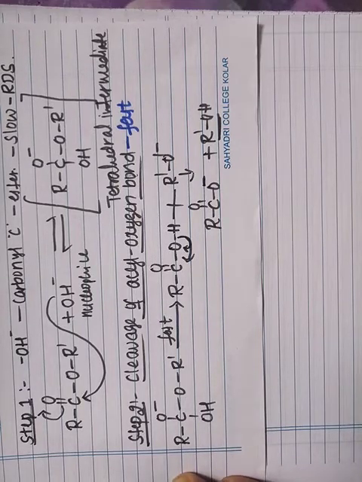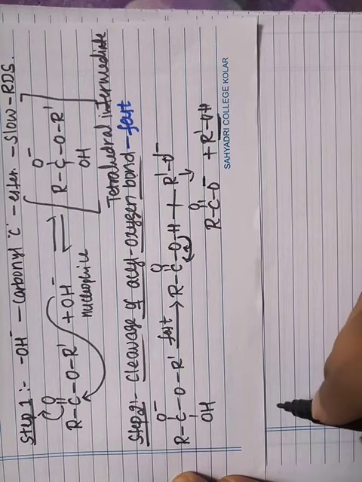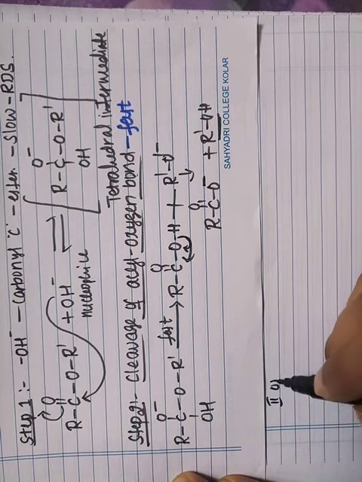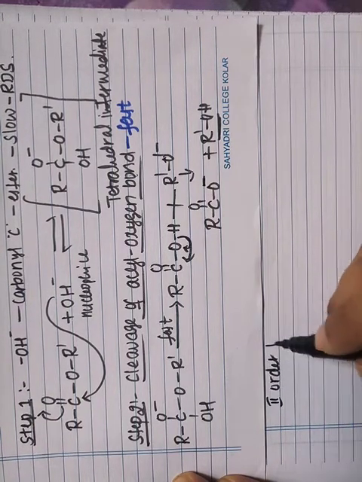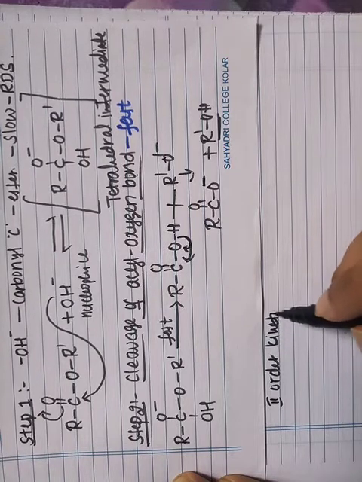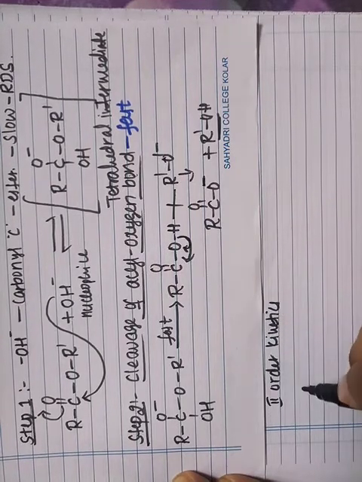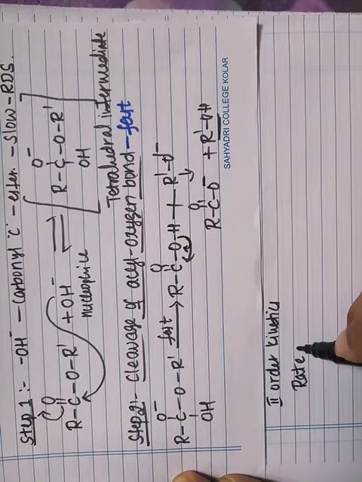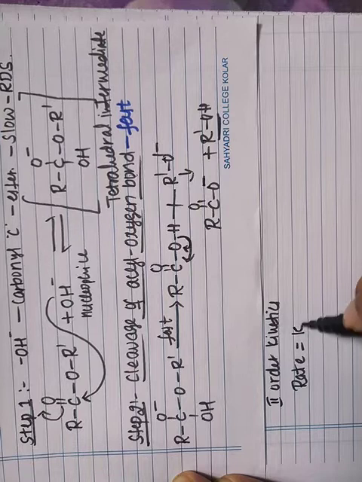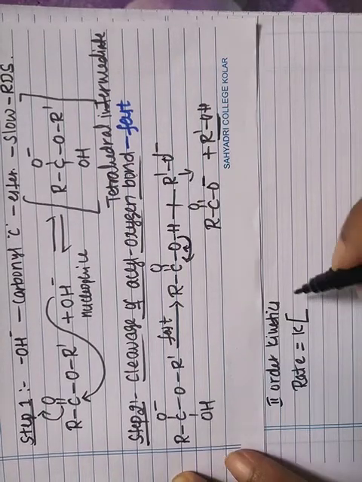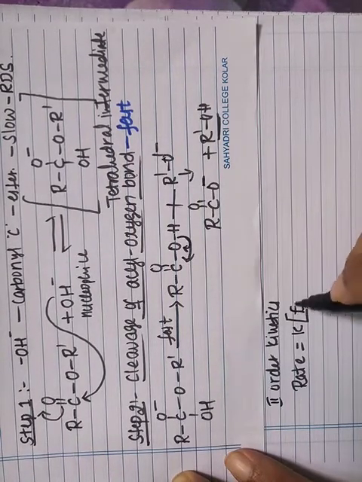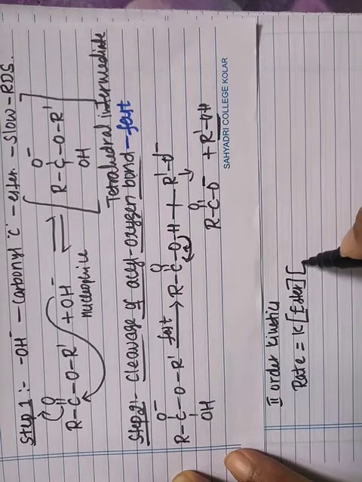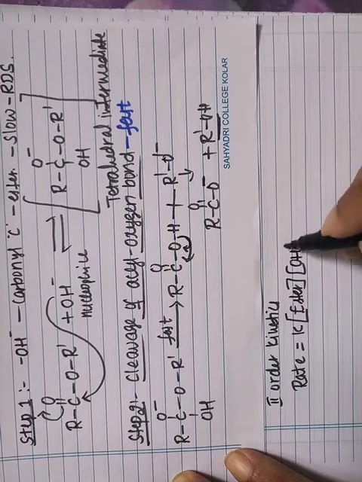This reaction follows second order kinetics. That means the rate constant is given by the concentration of ester times the concentration of OH minus.